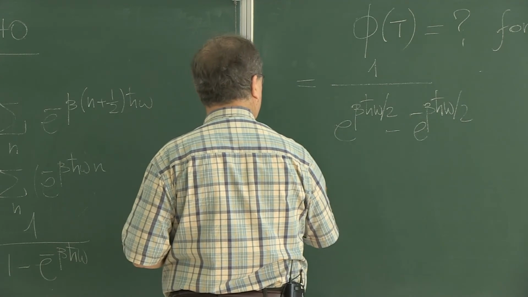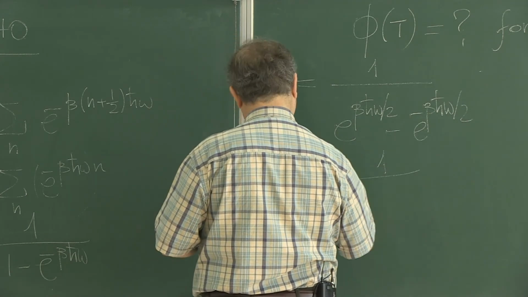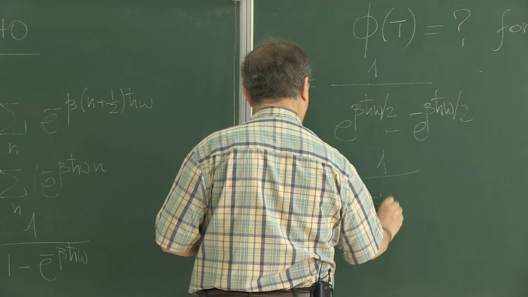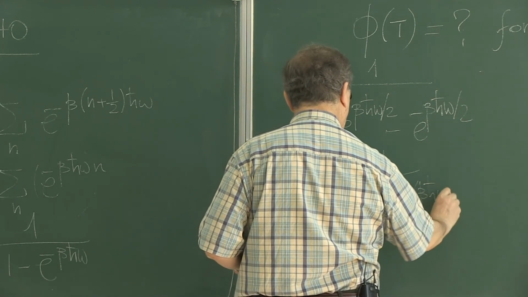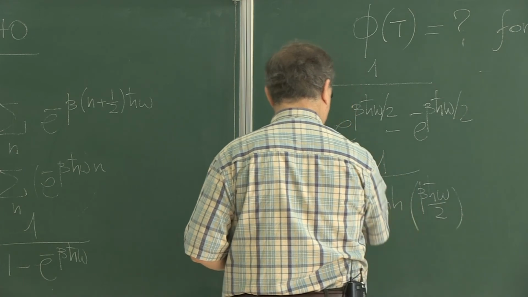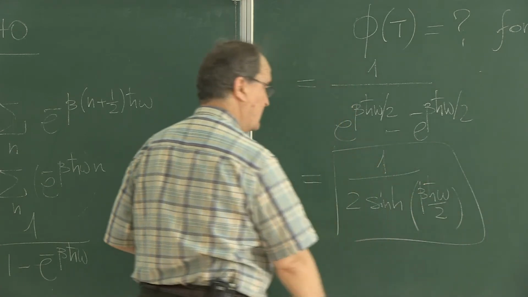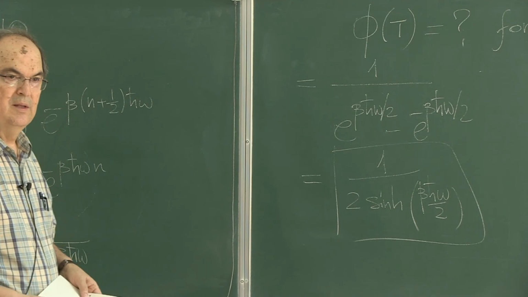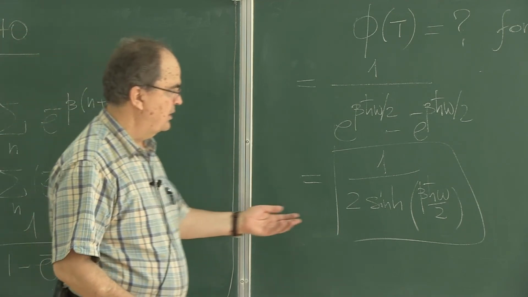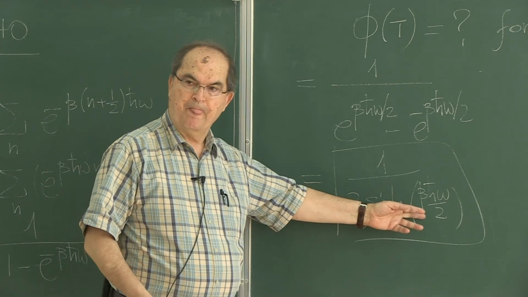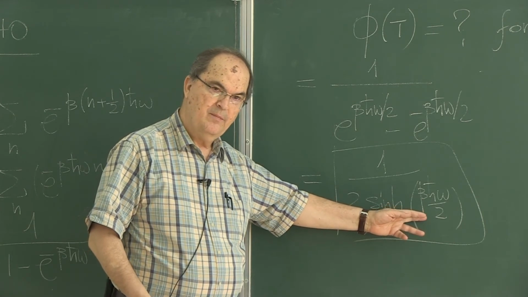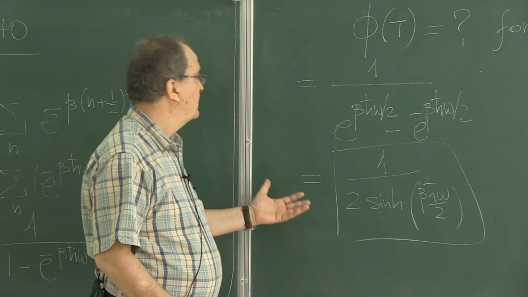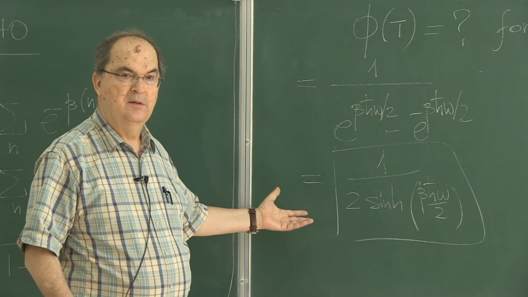We know that it is 1 over twice the sinh of beta h bar omega over 2. Very simple calculation. It is only a function of temperature. Beta is 1 over kBT. So this is phi of t.